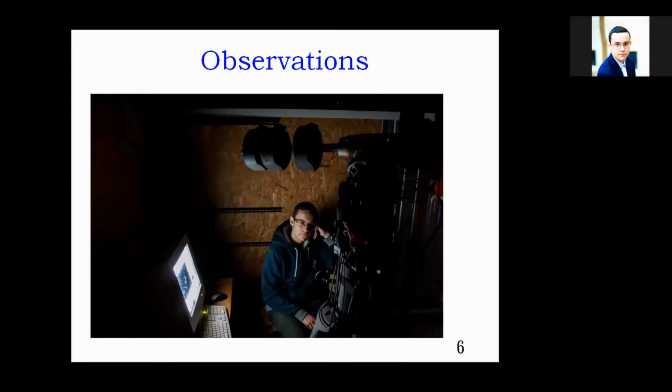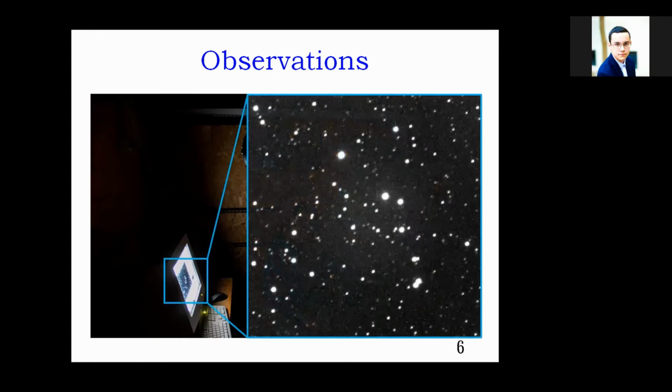We made our observations in Slovakia in 2017. We observed several minima of V0523 Cassiopeia, and this data was used to make our research, but most of the data was taken from the AVSO International Database.